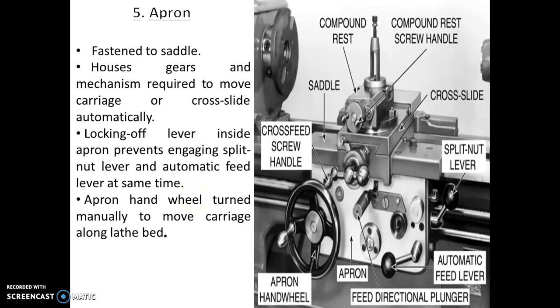Apron: this is the apron assembly, fastened to the saddle. It contains gears and clutches for transmission of motion from the feed rod and hand wheel to the carriage. Also the split nut lever, which engages with the lead screw during the threading operation.